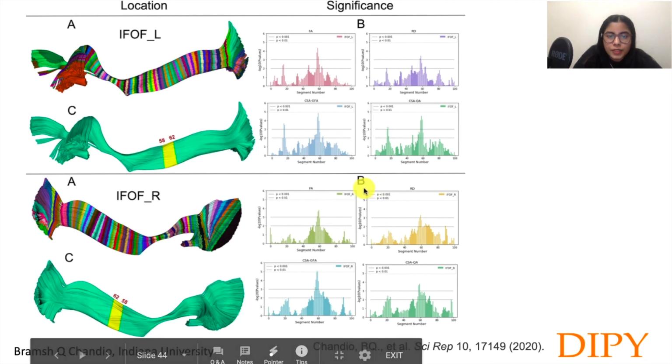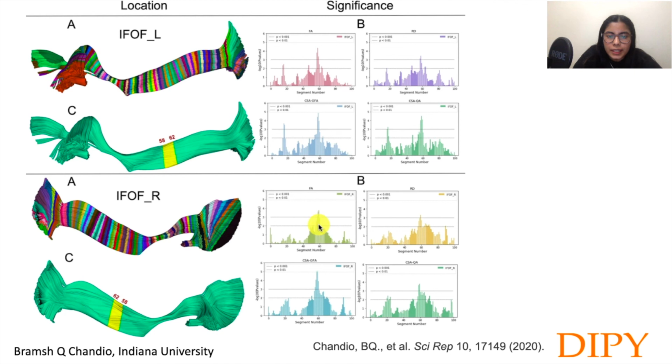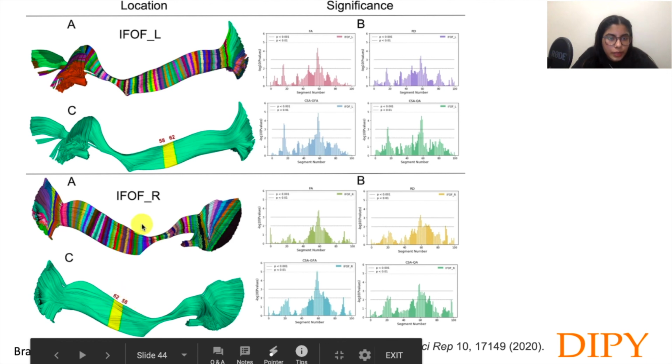And then from this information, where we have the significant group differences where the p-value is less than 0.001, we are able to locate exactly where on the bundle those segments are. So in this case, those were 58 and 62, and we can visualize exactly which location it is because we already know the information about the segment number. And also in the right FOF.